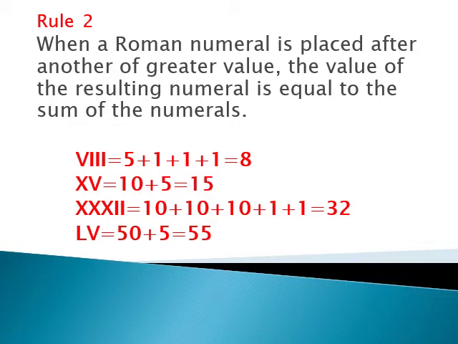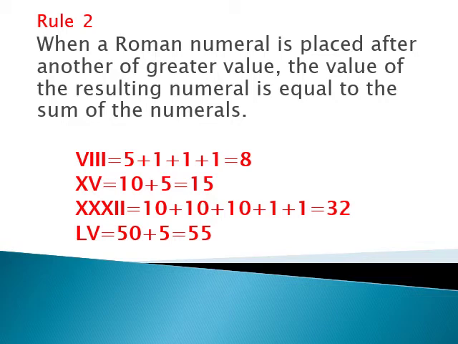Placed after another of greater value, then the resulting numeral is equal to the sum of the numerals. So if you look at the examples, V is of a greater value, I is of a smaller value. So when a Roman numeral is placed after another of greater value, the value of the resulting numeral is equal to the sum of the numerals.